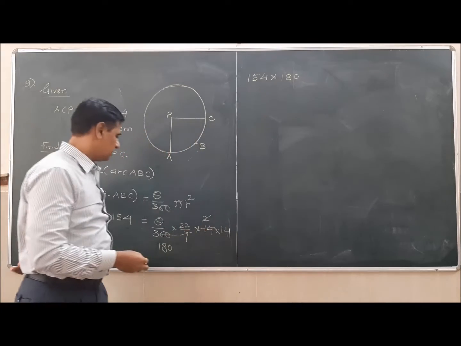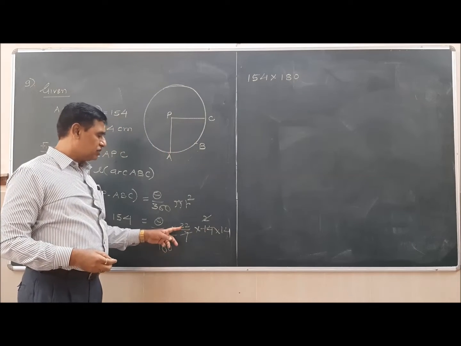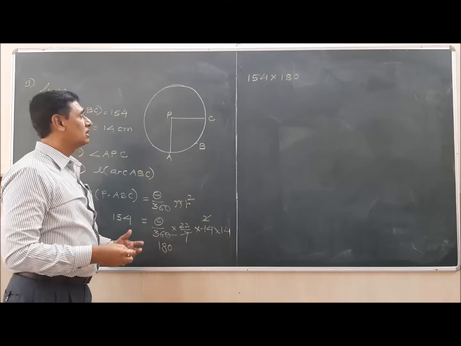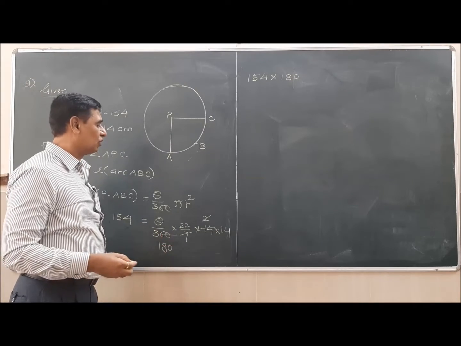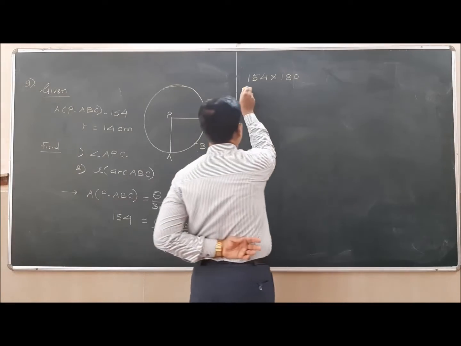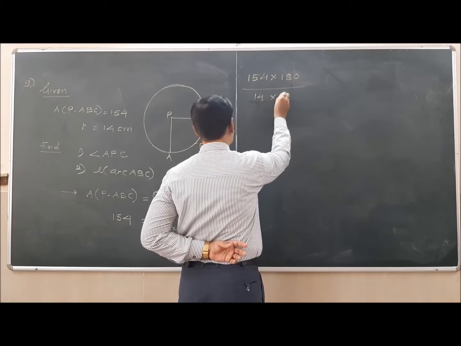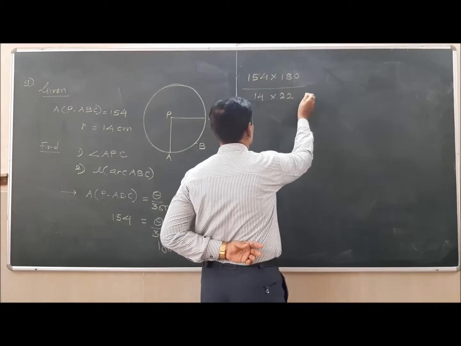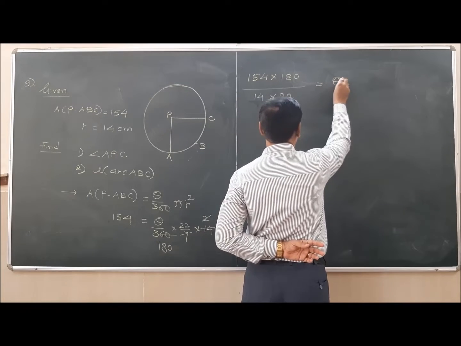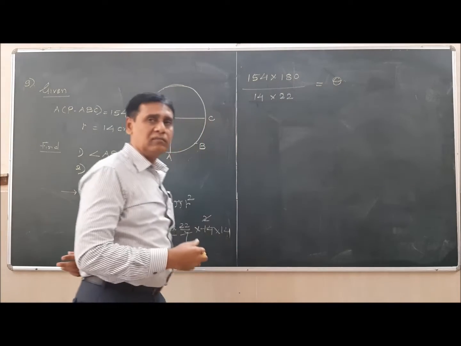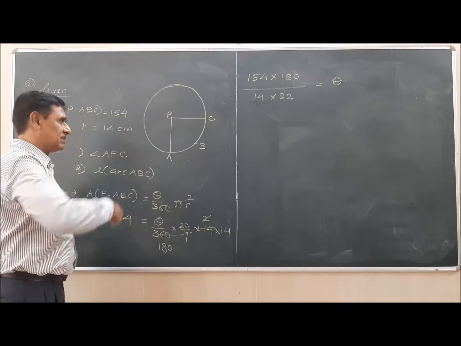The 22 will come into the denominator, as well as 14 also will come into the denominator. So 14 into 22, that is equal to theta. I transfer all the numbers of the right hand side to the left hand side.